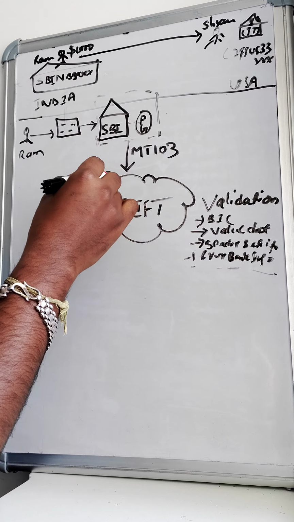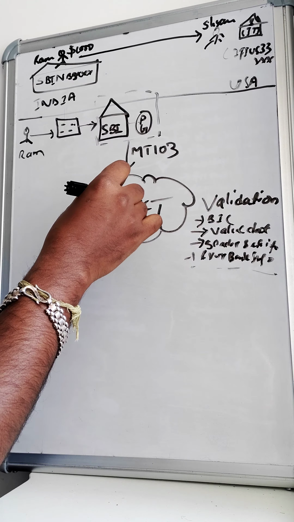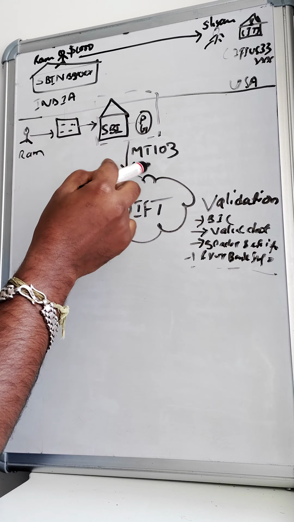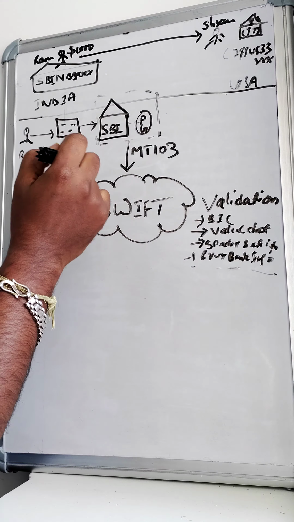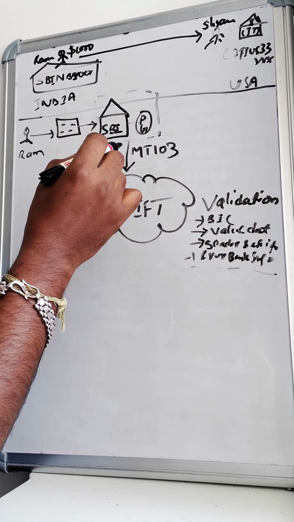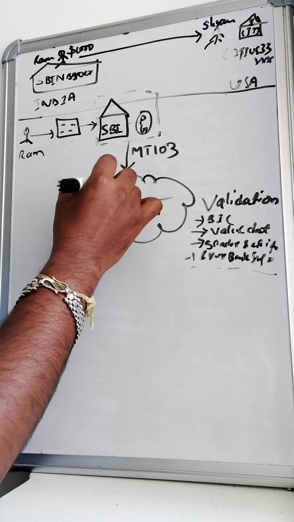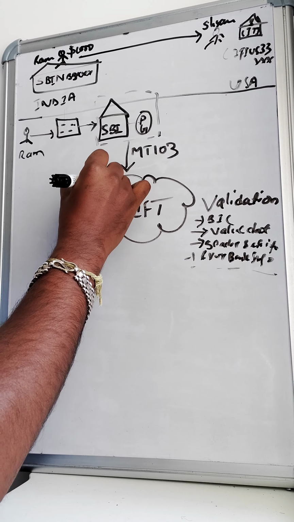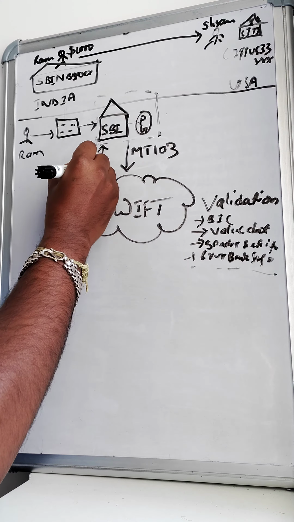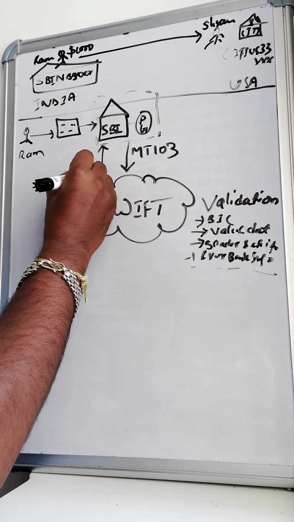So it has a job to do, that is it has to inform the SBI payment gateway saying that yes, we have received your MT103 customer credit transfer message. So for that they will send a message to the payment gateway, and that message is called MT012.